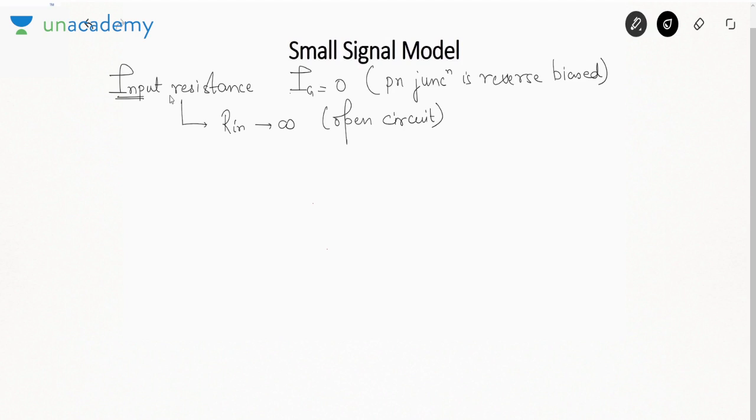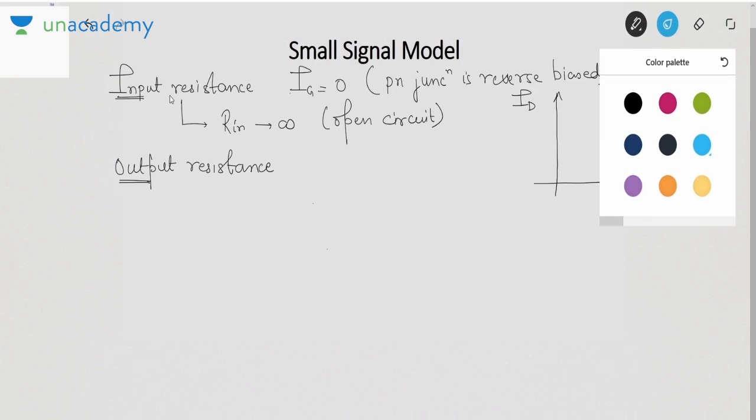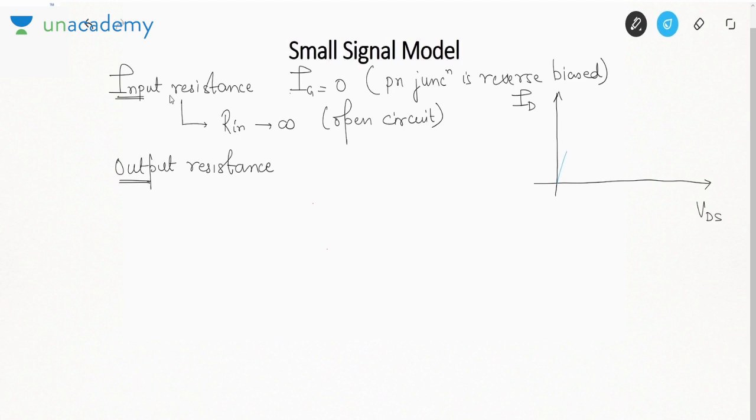Is it fine? Similarly, the last parameter when we talk about the small signal model is output resistance. Now how can we find the output resistance? If I plot the output characteristics, ID versus VDS, the characteristic was something like this. It is not perfectly flat, but it has a certain slope.